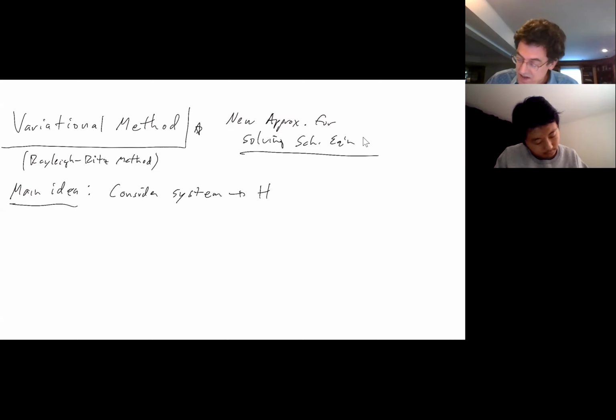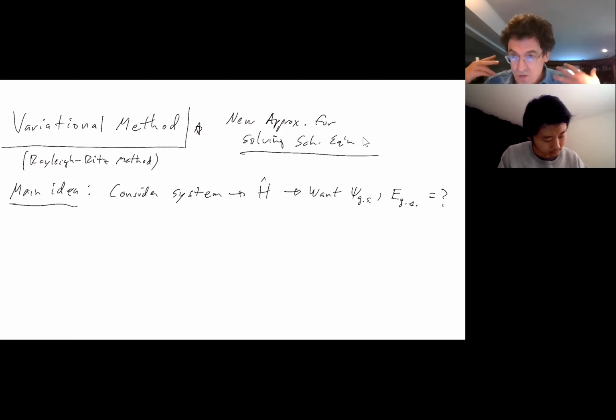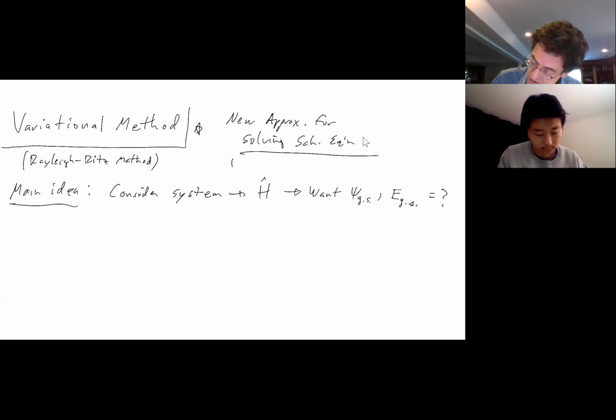What we can get from the variational method is the ground state wave function and the ground state energy. The variational method is really useful for getting the ground state of a system.